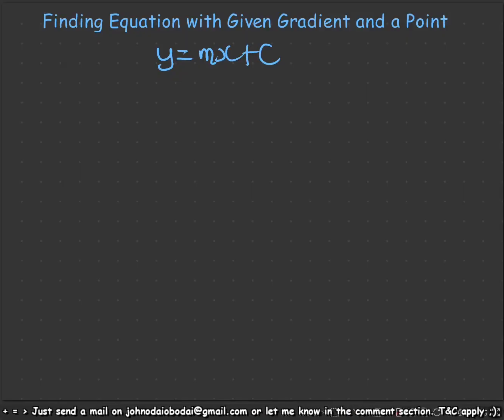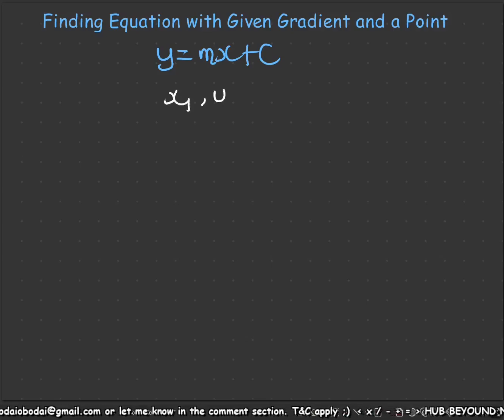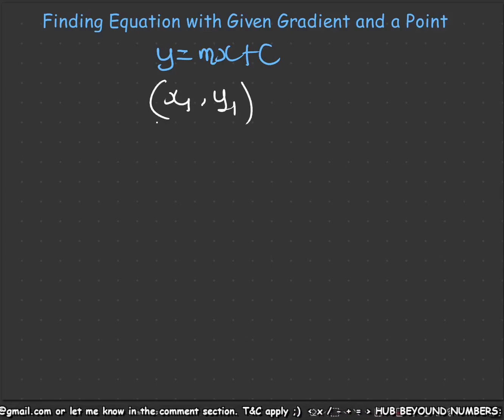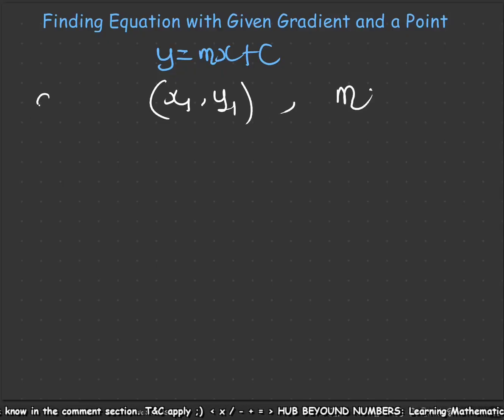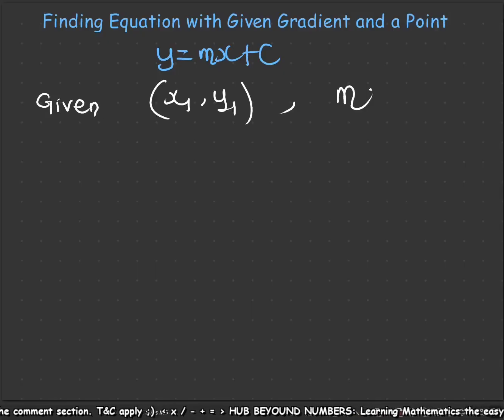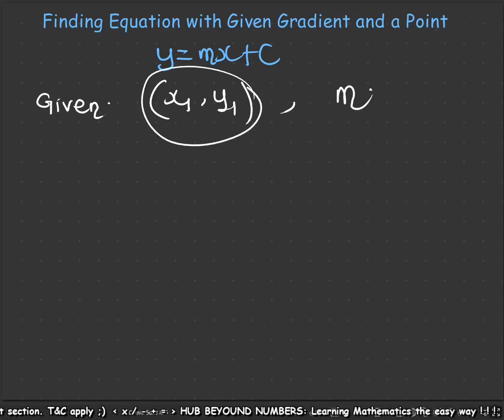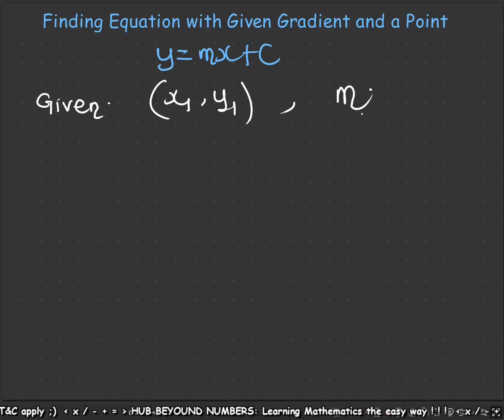What are we going to do? Let's say you are given a point (x1, y1), and you are also given a gradient m. So these are what you are given: a point, this here, and the gradient.